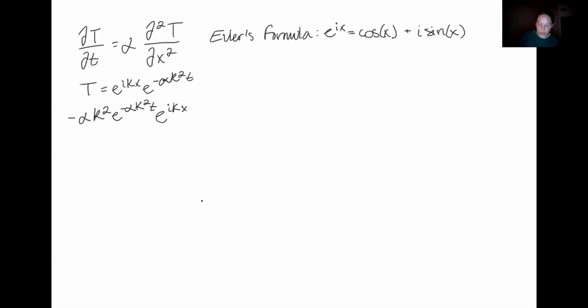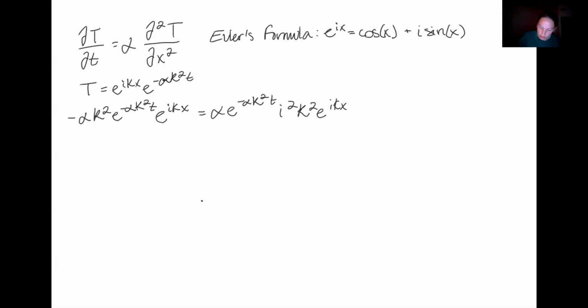And then on the right-hand side, taking the second derivative with respect to position, we get the thermal diffusivity multiplied by e to the negative thermal diffusivity k squared t times i squared k squared e to the i k x. And we notice here that i squared is just equal to -1 since it's an imaginary number.